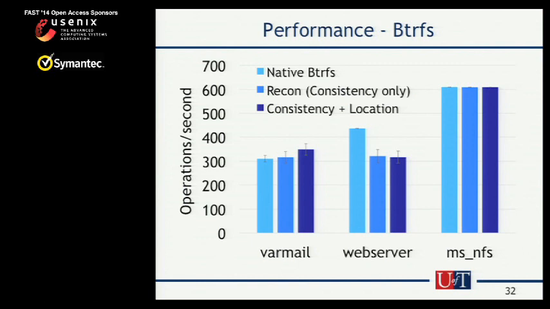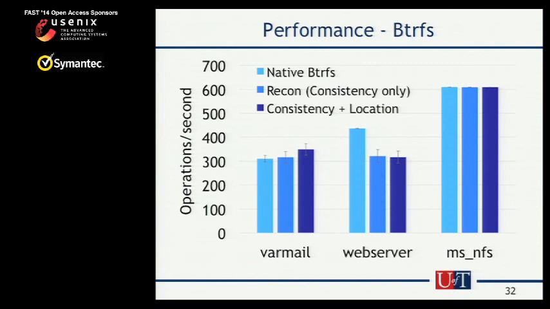So for our performance experiments, we compare the native file system versus the original Recon with only the consistency invariants to updated Recon with the location invariants added. On the y-axis, we have the operations per second throughput as measured by FileBench.